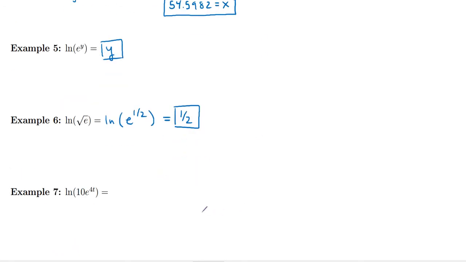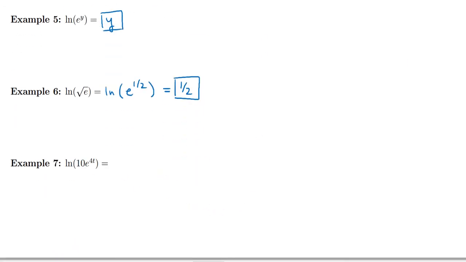What about this right here? If I have natural log of 10 times e to the 4t, I can break that up as natural log of 10 plus natural log of e to the 4t. Of course, the 4 looks like a 9 because I wrote it really quickly.